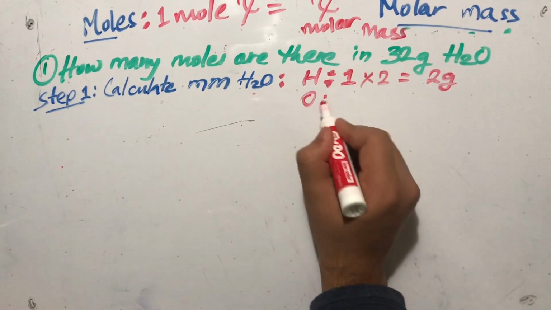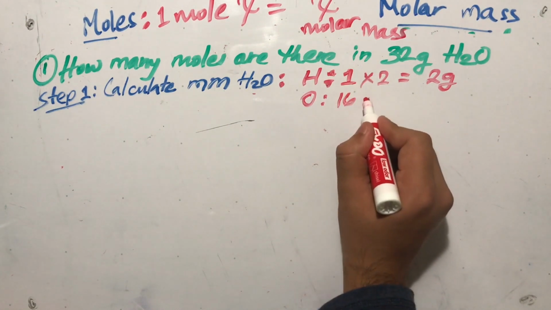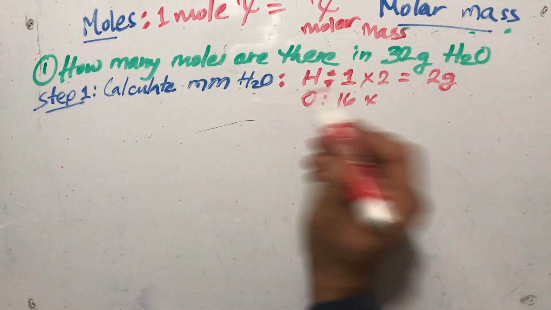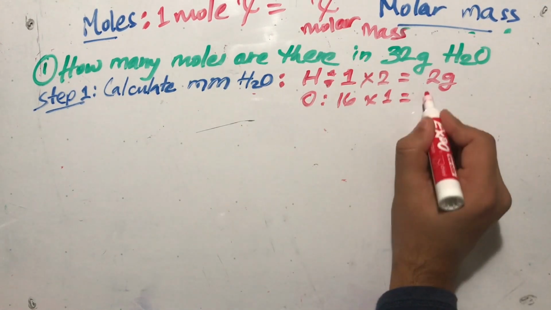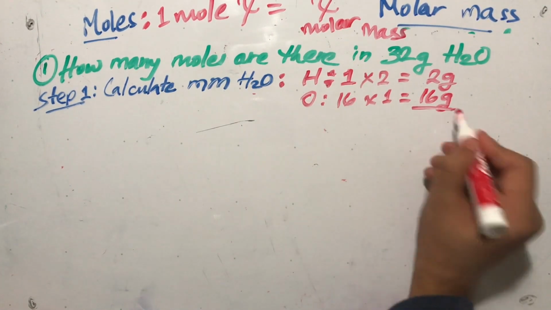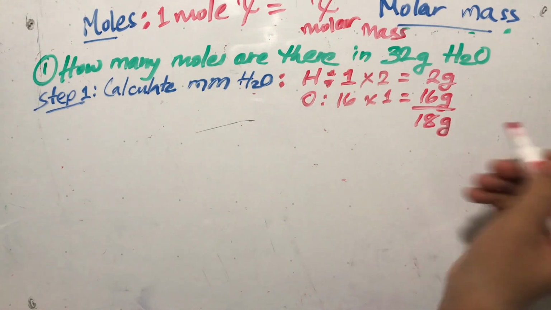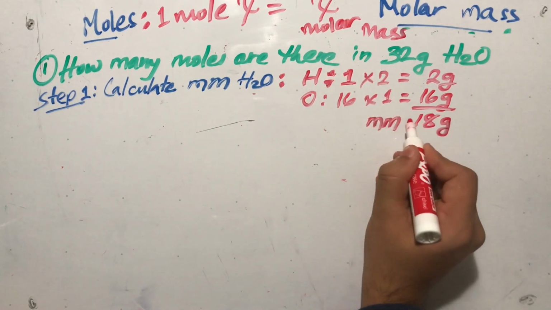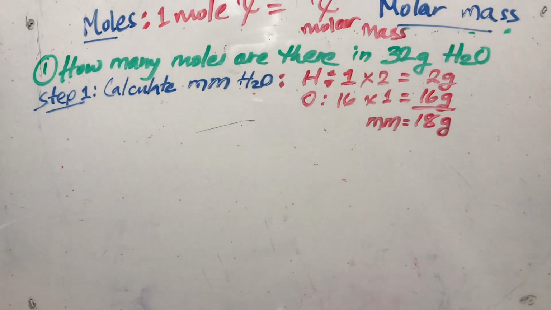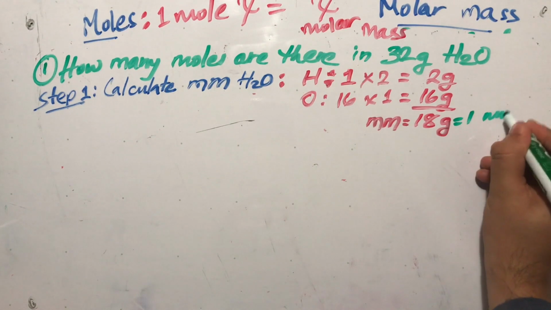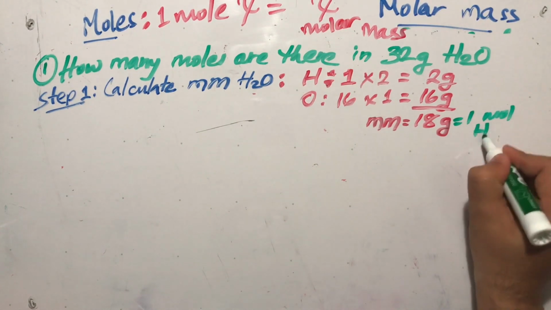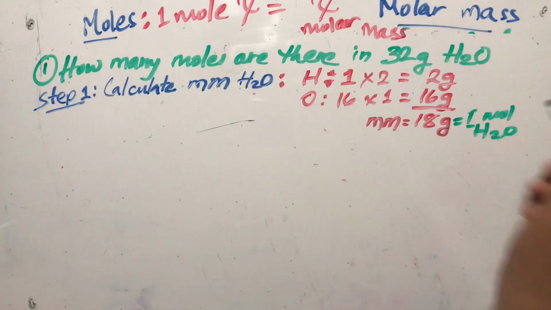The atomic mass of oxygen is about 16 grams, and you multiply that by 1 because there is only 1 oxygen in H2O, so that gives you 16 grams. So the total is 18 grams. That's the molar mass of water, and that's also 1 mole of H2O. There you go, there we have that conversion factor right there.